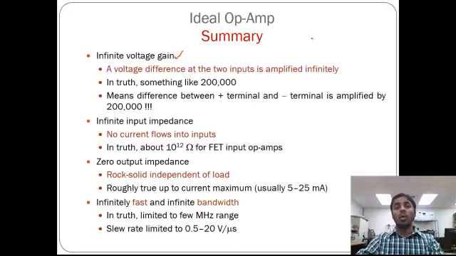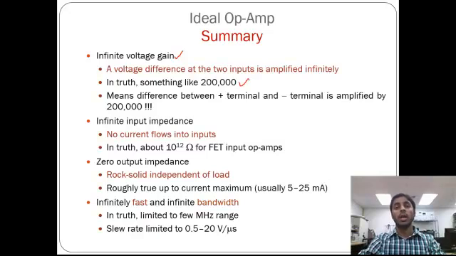So practically, the voltage gain can be limited by using feedback systems. Instead of using an op-amp as an open loop, if you use a closed loop, you can reduce the gain from infinite voltage gain to a finite voltage gain for practical purposes, and it has more advantages than the open loop. In truth, it's going to be around 200,000.